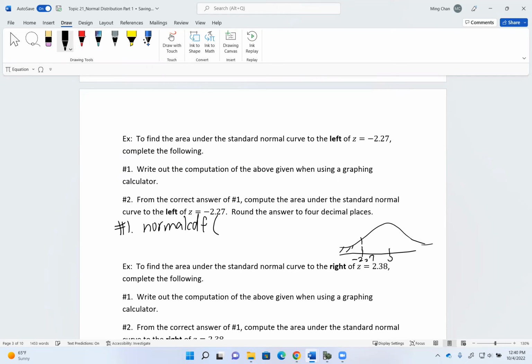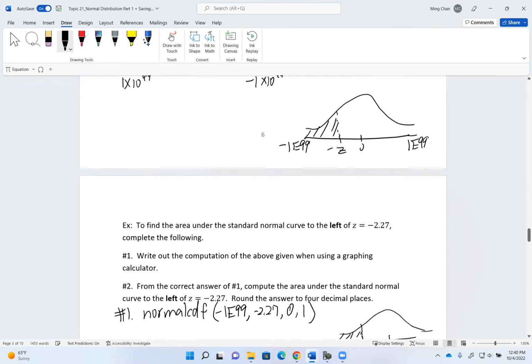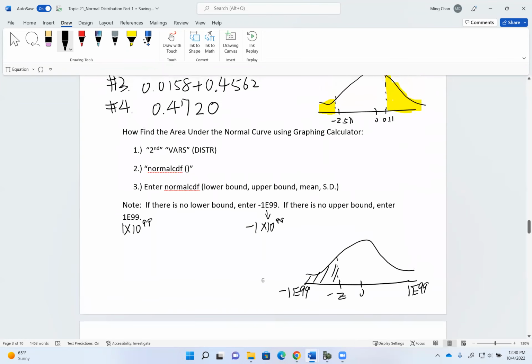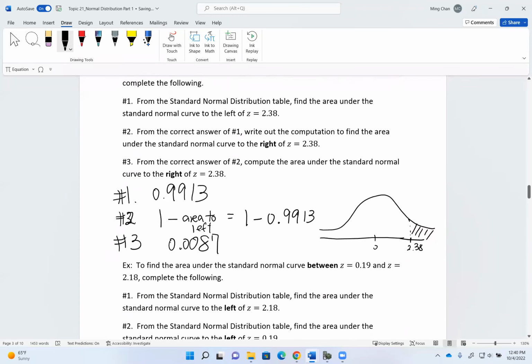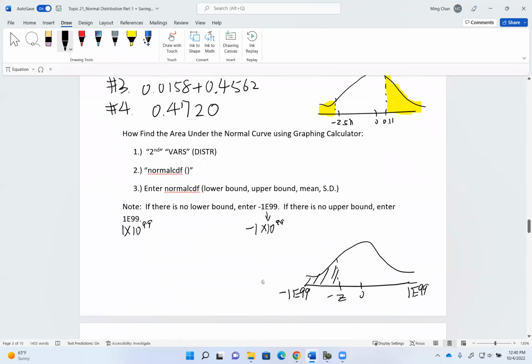To the left of it, my left bound got to be negative infinity or negative 1E99. All the way to negative 2.27, that should be my upper bound, because that's where it ends, comma 0, comma 1. 0 is the mean, 1 is standard deviation. Mean is 0 for the standard normal distribution, standard deviation is 1. So you're telling the calculator, I'm trying to find the area of a standardized curve.